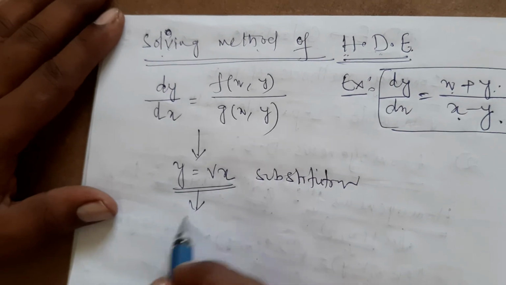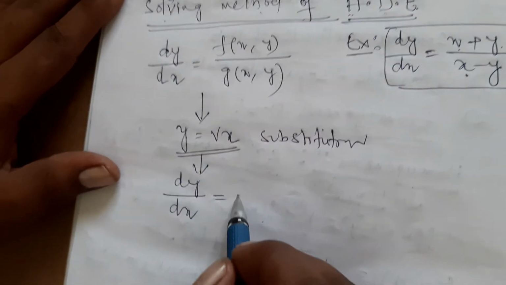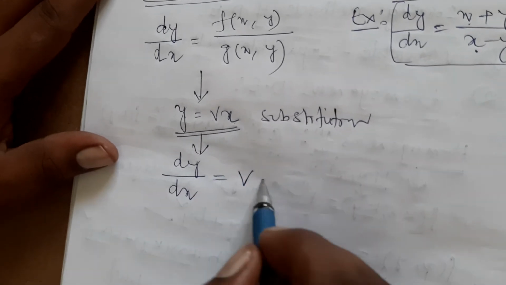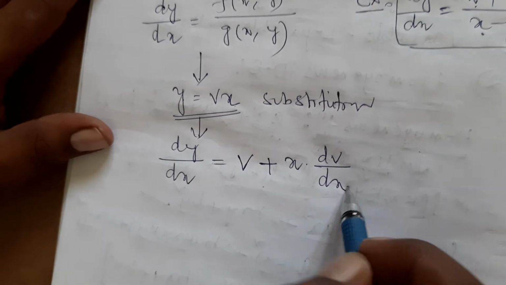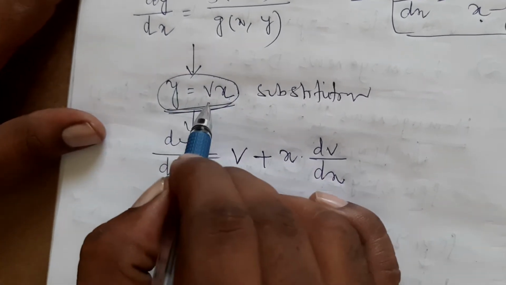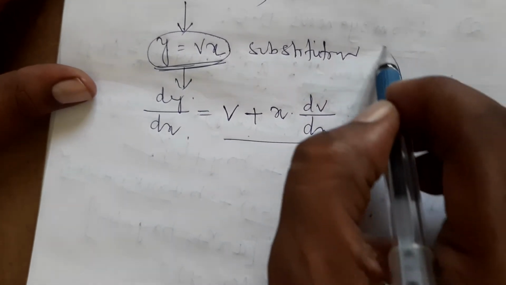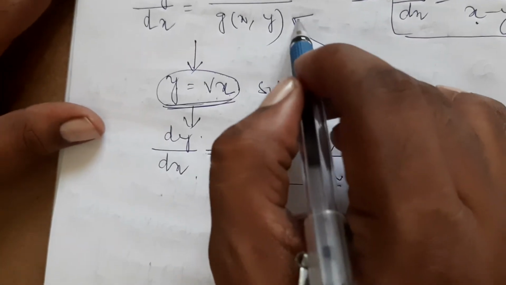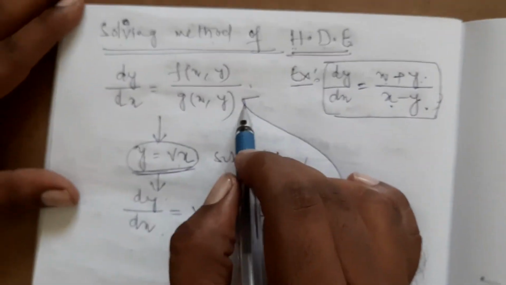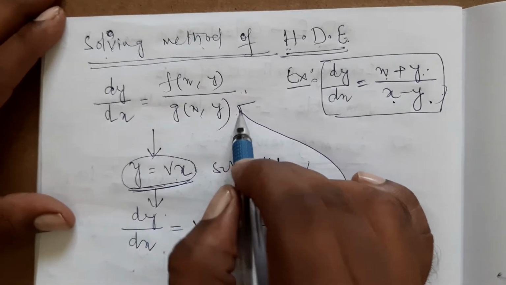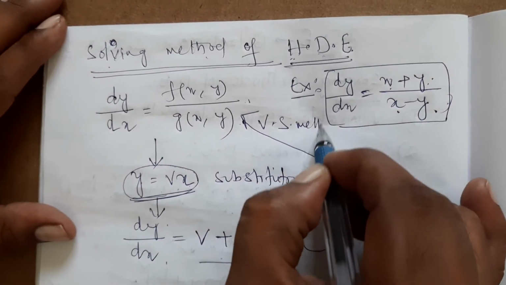If I take y equals vx, then dy by dx equals v into 1 plus x into dv by dx. By substituting y equals vx and replacing the dy by dx value in the given homogeneous differential equation, it changes to the variable separable form.